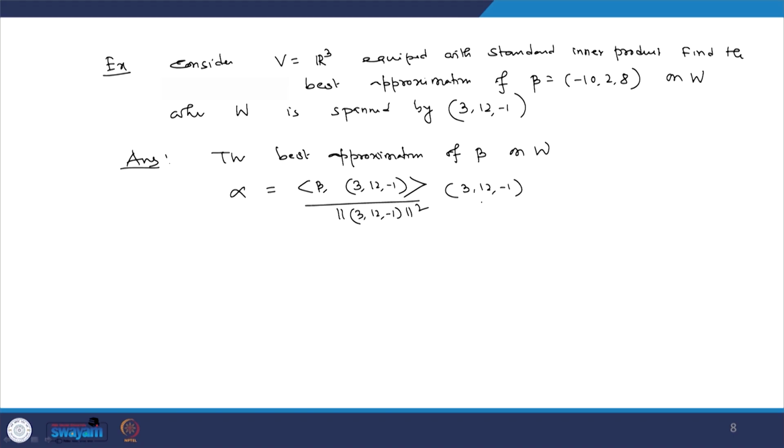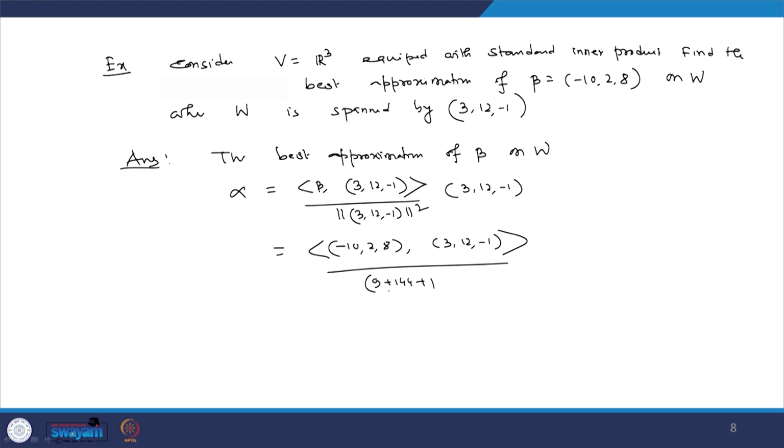Since the dimension of the space W is 1, the best approximation of beta on W will be alpha of this form, please. So, this will be equal to, you have given me the beta, the inner product of minus 10, 8 and 3, 12, minus 1, divided by the inner product of this vector with itself, 9 plus 9 plus 144 plus 1, right.